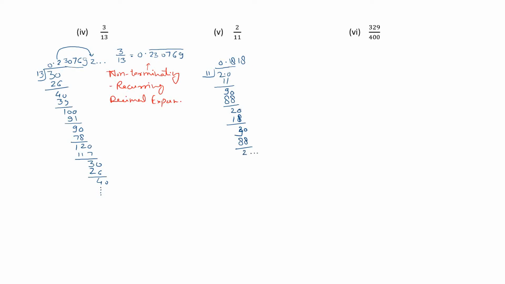So we can say 2 by 11 is equal to 0.1818 and so on, which is equivalent to 0.18 with a block of 2 digits. Right? So we can say, is it terminating? No, it will never terminate. So the decimal expansion of 2 by 11 is non-terminating recurring decimal expansion.